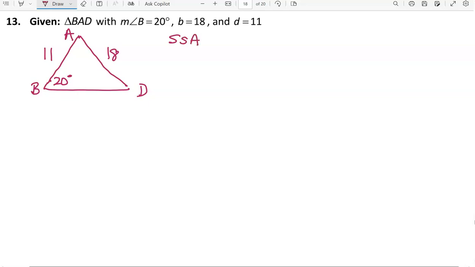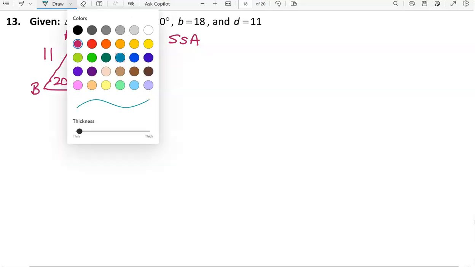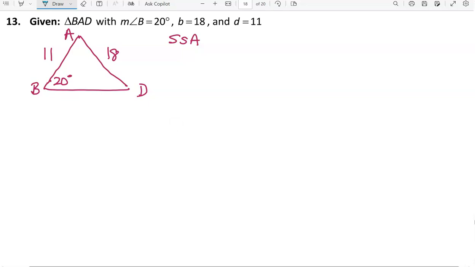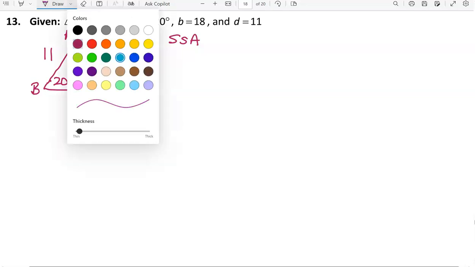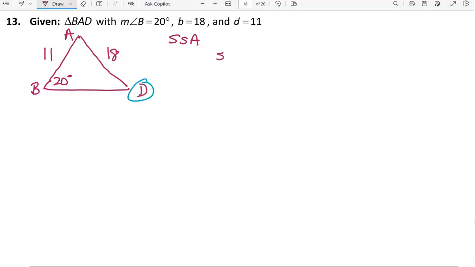That means that's possibly an ambiguous case. That means there might be 0, 1, or 2 solutions. So what we need to do is set up the law of sines, because law of sines involves two pairs of opposite sides and angles. The angle in question will be angle D. As we set that up, the sine of angle D divided by 11 is equal to the sine of 20 degrees divided by 18.